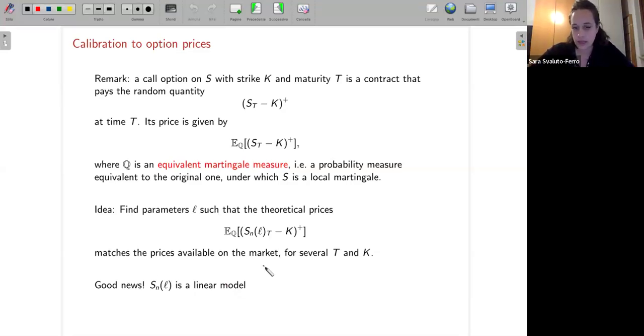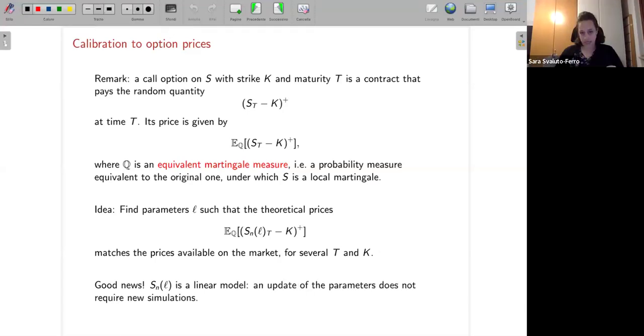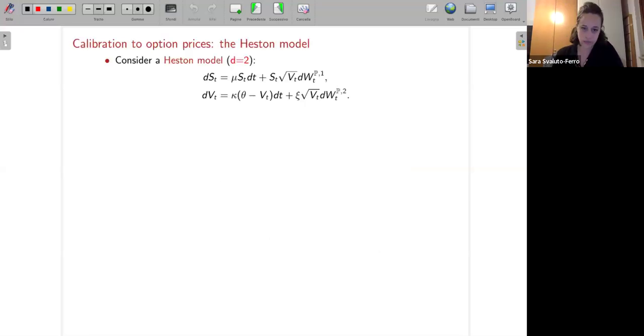You can save the signature at time capital T somewhere, and when you update the parameters, you do a scalar product, and by Monte Carlo you can compute this very quickly and very efficiently. An update of the parameter does not require a new simulation, so you just do a scalar multiplication and you get your expectation.